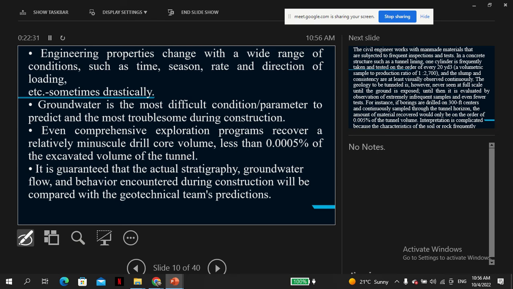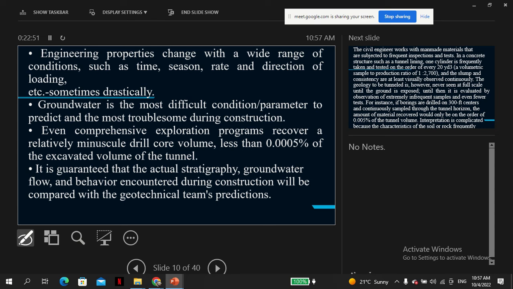Even comprehensive exploration programs recover relatively minuscule drill core volume, less than 0.005 to 10^-4 percent of the excavated volume of the tunnel.